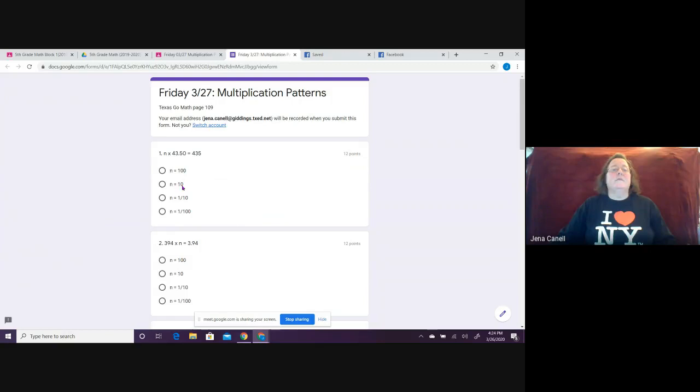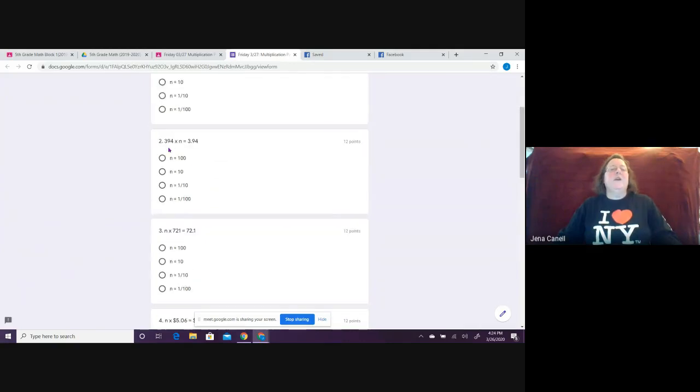What does 100 look like? What does 1/10 look like? So you need to figure that out. Question number 2, 394 times n equals 3 and 94 hundredths. Again, are you solving for where n is 100, n equals 10, n equals 1/10, or n equals 1/100th?